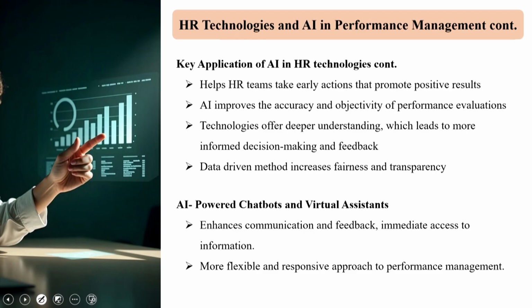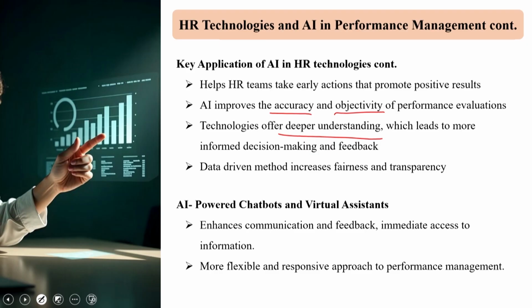Additionally, AI improves the accuracy and objectivity of performance evaluations by uncovering patterns and correlations that might not be immediately visible. Also, please understand, machine learning algorithms enable HR technologies to offer deeper understanding, which leads to more informed and more critical decisions based on employee performance, leading to a vital non-biased feedback mechanism.